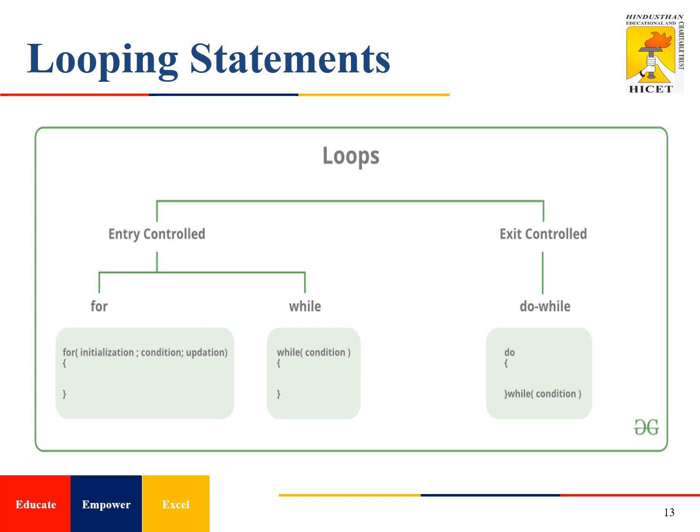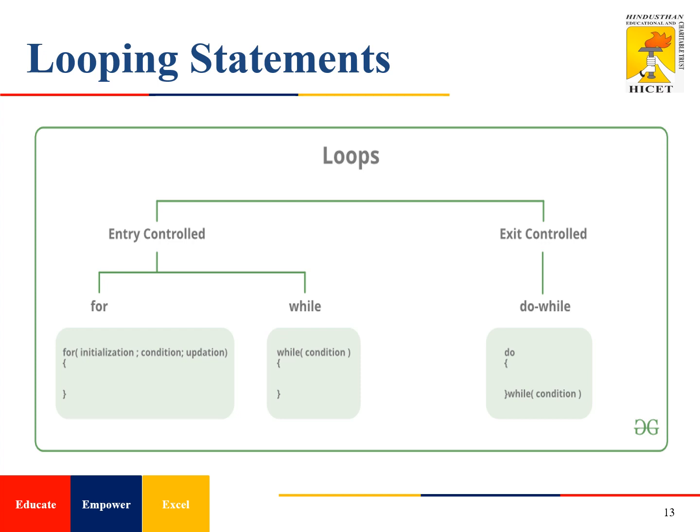And condition, i less than n or i less than 5, some condition. And updation: if I'm going to increment the i value, then i plus plus, or if I need to decrement the i value, then i minus minus.